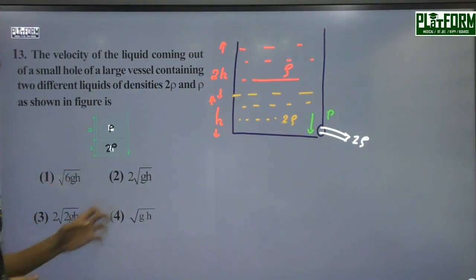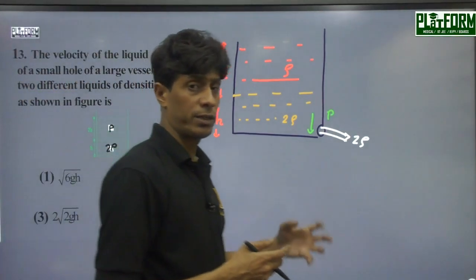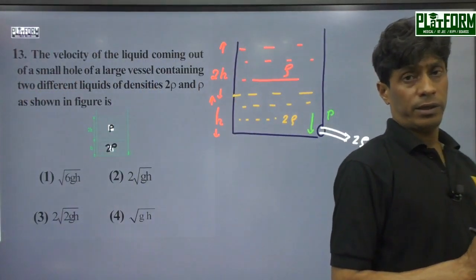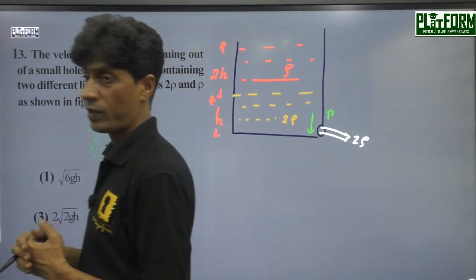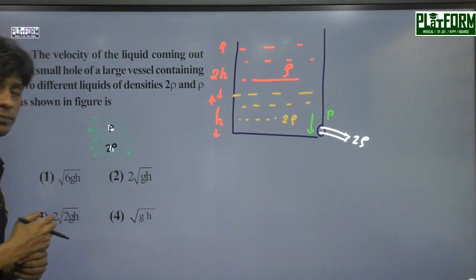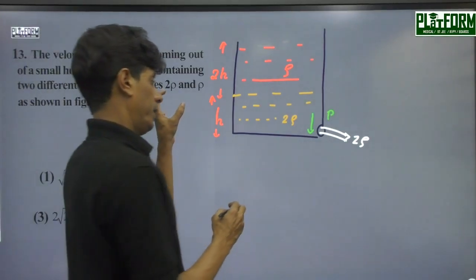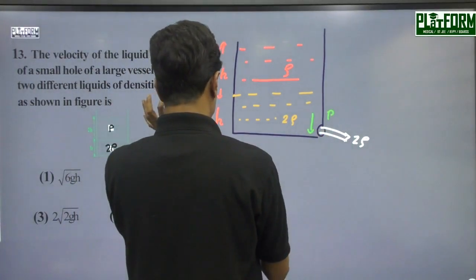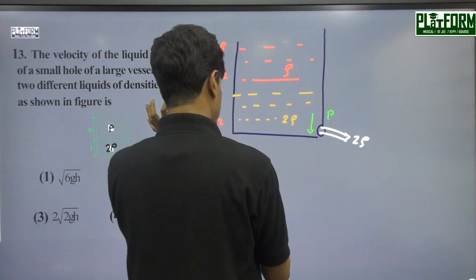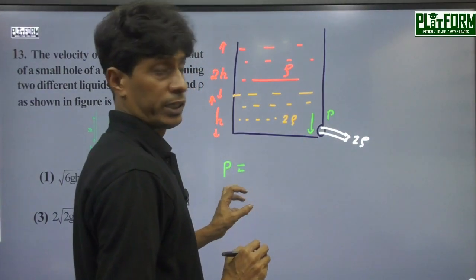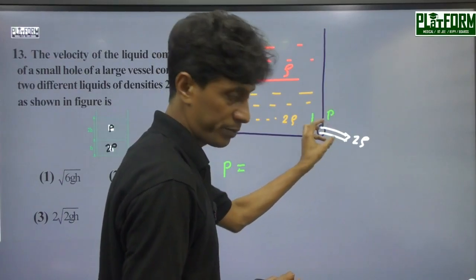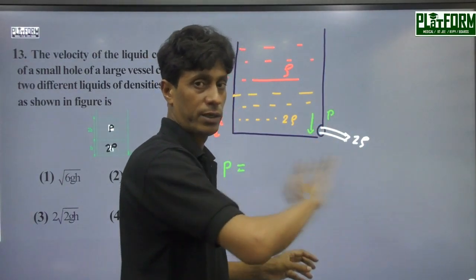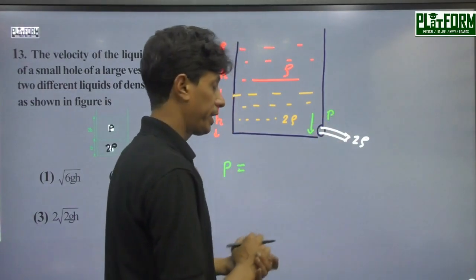If we apply Bernoulli's theorem, it will take more time to get the answer. My suggestion is you just take the pressure at the point of the hole, the orifice through which the liquid comes out of the container.